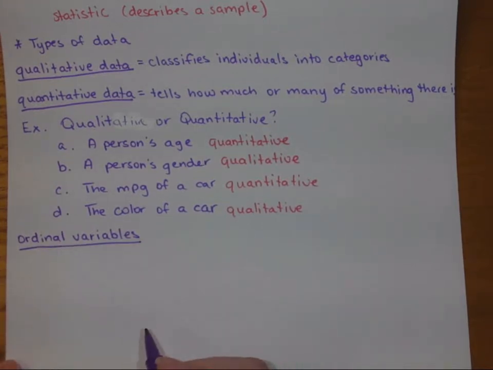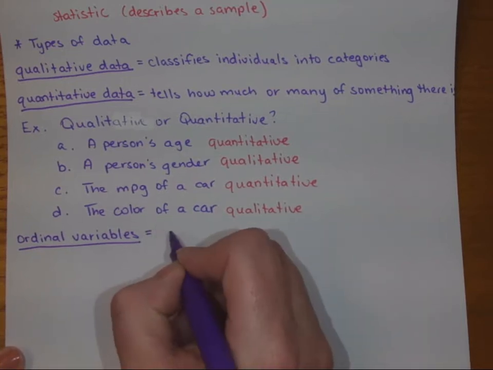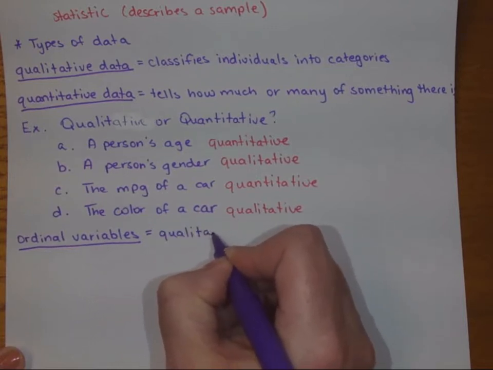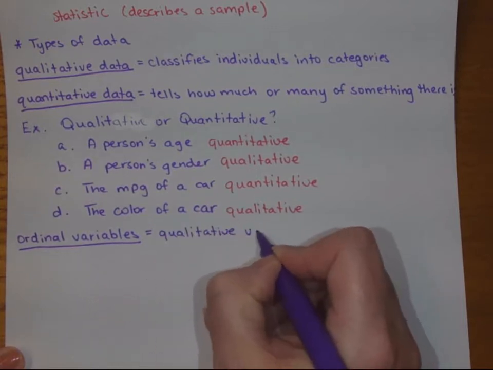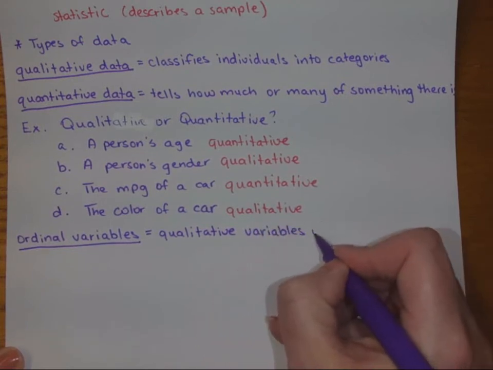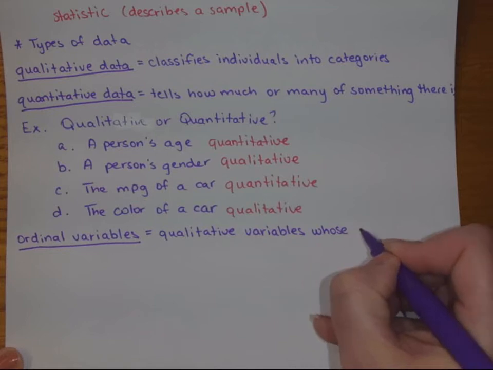Data can also be either ordinal, or we have a second option also. Okay, so ordinal is when you have a qualitative, notice that means non-number, quantity whose categories have a natural ordering.